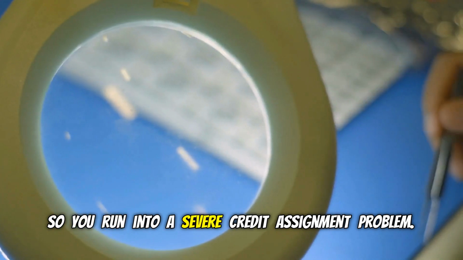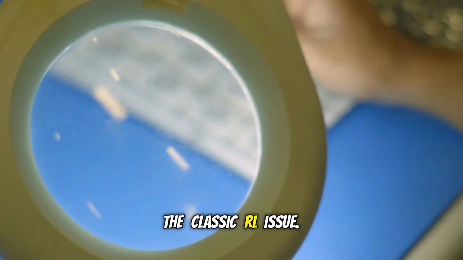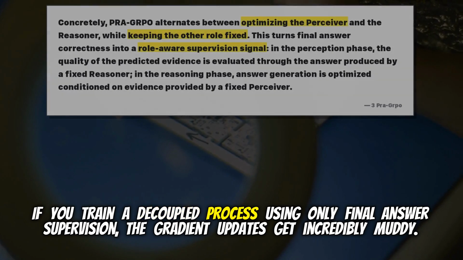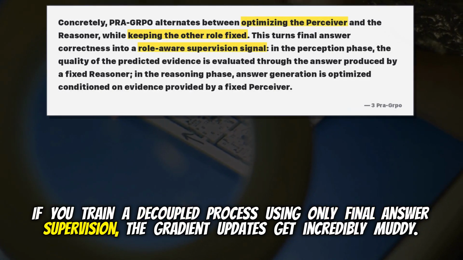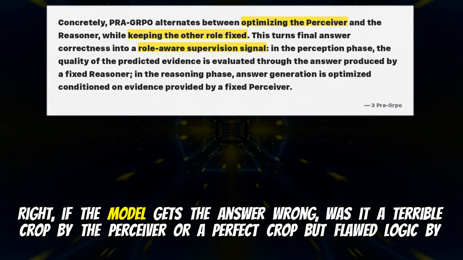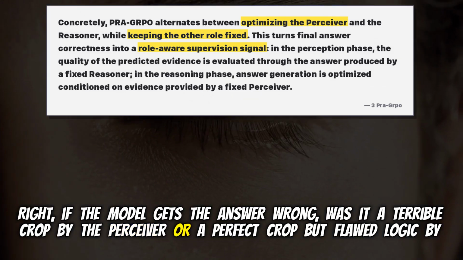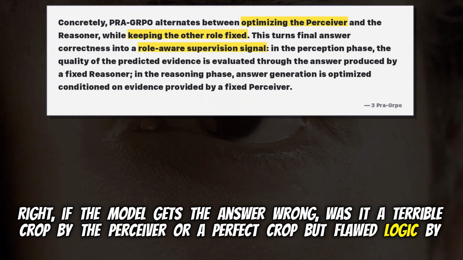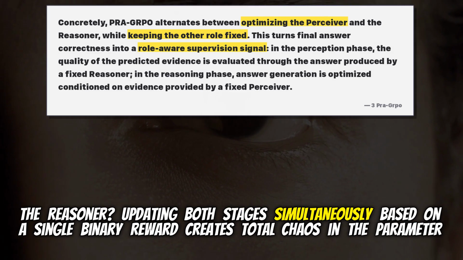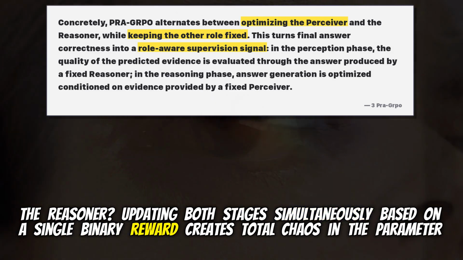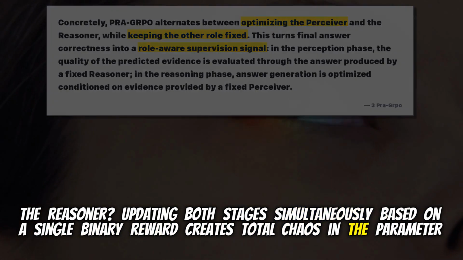So you run into a severe credit assignment problem. A classic RL issue. If you train a decoupled process using only final answer supervision, the gradient updates get incredibly muddy. Right. If the model gets the answer wrong, was it a terrible crop by the perceiver or a perfect crop but flawed logic by the reasoner? Updating both stages simultaneously based on a single binary reward creates total chaos in the parameter space.